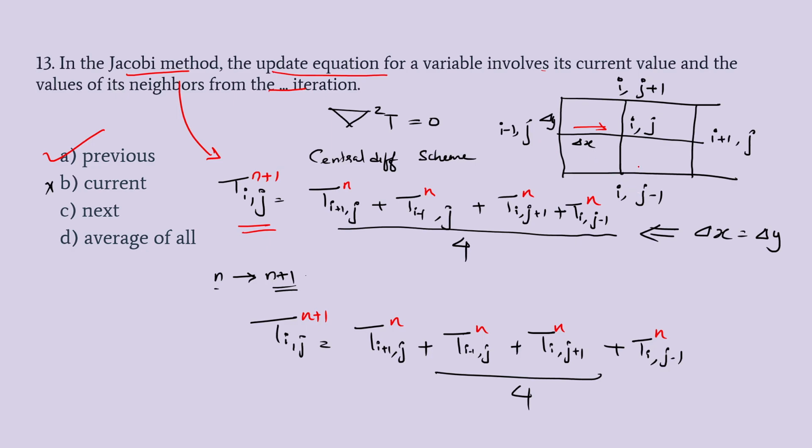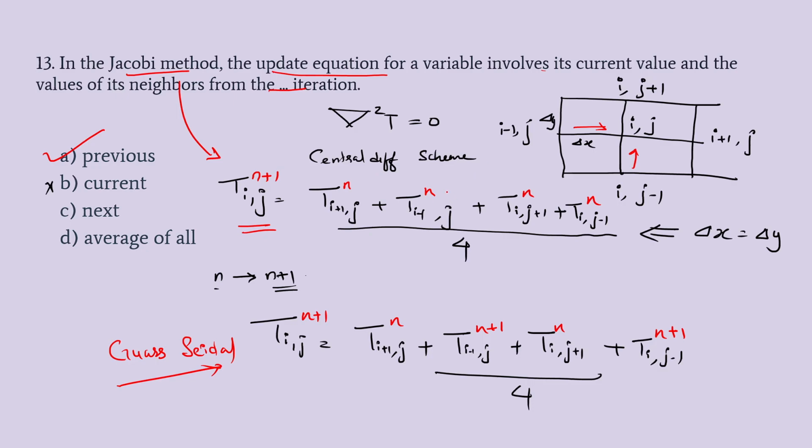Also, the j minus 1 point value we have already found out. So these two values are known in the current iteration itself. So if the i minus 1 value and j minus 1 value are taken from the current step, then this becomes the Gauss-Seidel method. That's the difference between Gauss-Seidel and Jacobi.